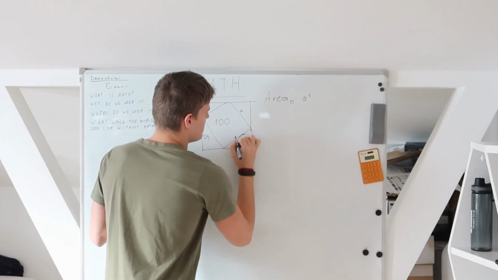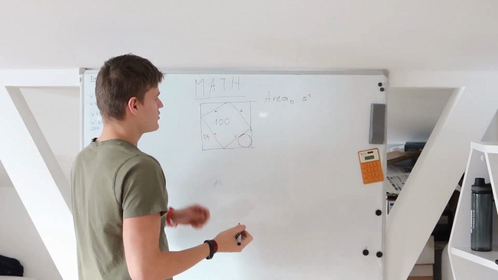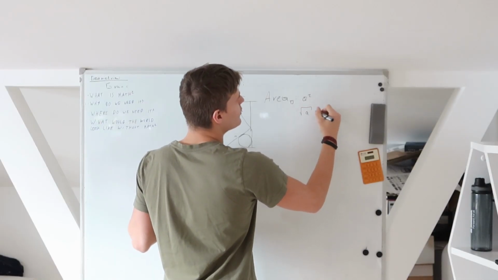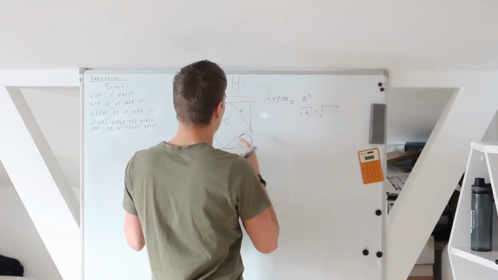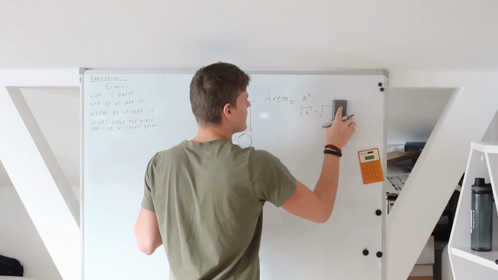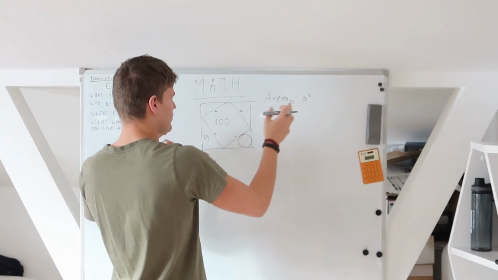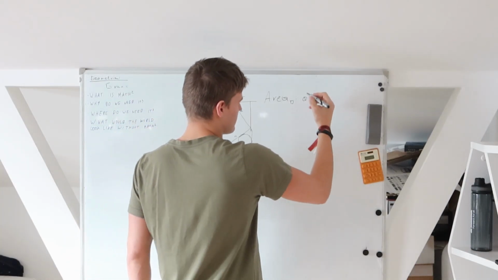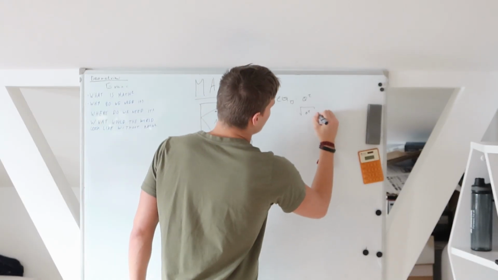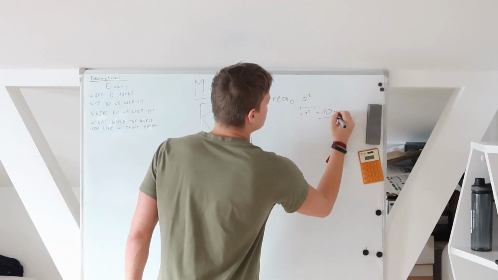If we don't know the side but we know the area, we can just take the square root of the area, which gives us 10. So we have a is 10.